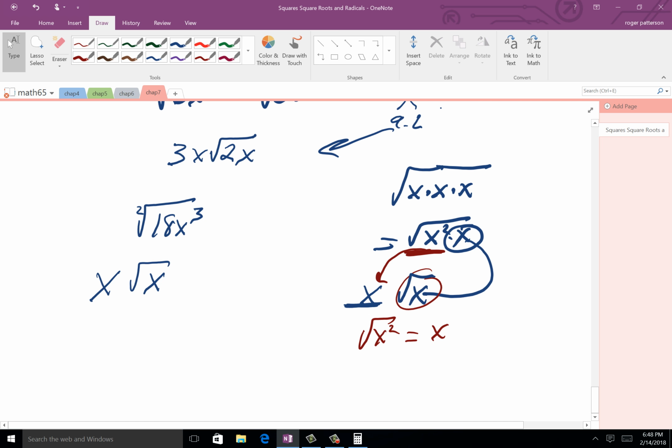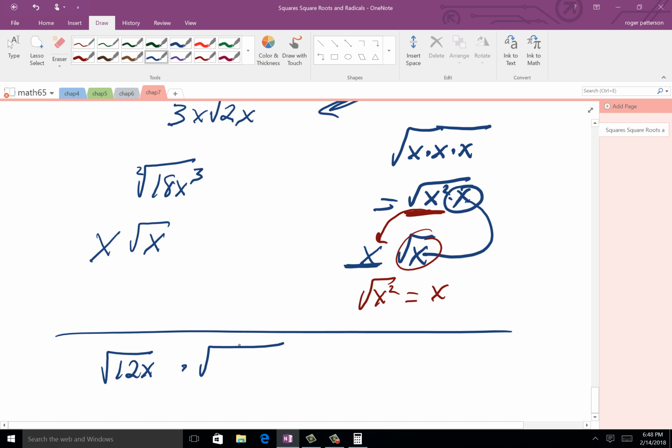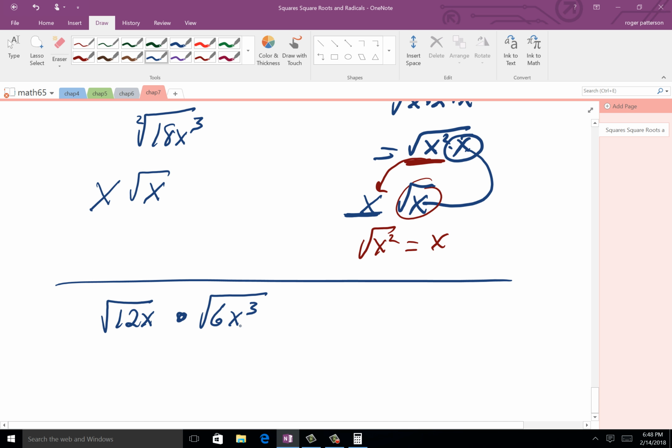Okay. So let's try another one. Let's go with 12x and 6x cubed this time. Let's try this one out.